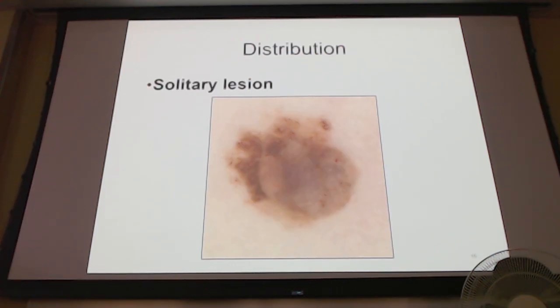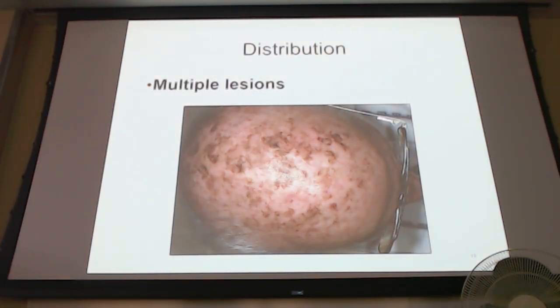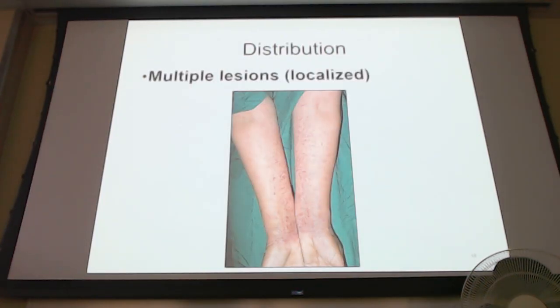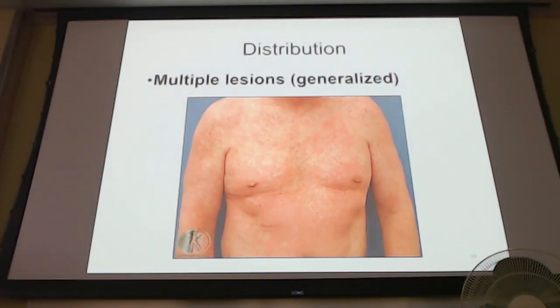If you're an old man and have never worn a hat and are bald, then you can have it generalized, multiple lesions distribution. So he's got it all over the top there, okay? Again, multiple lesions localized specifically to the forearms, whereas generalized is on the arms, the chest, the abdomen, the neck. It's all over the place.